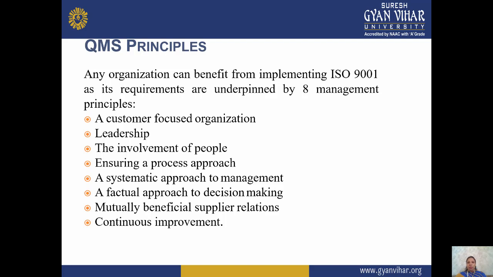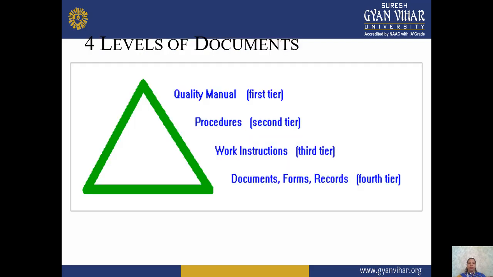Those 8 management principles of ISO 9001 are: a customer focused organization, leadership, involvement of people, a process approach, a systematic approach to management, a factual approach to decision making, mutually beneficial supplier relations, and continuous improvement. This is a triangle of quality management.